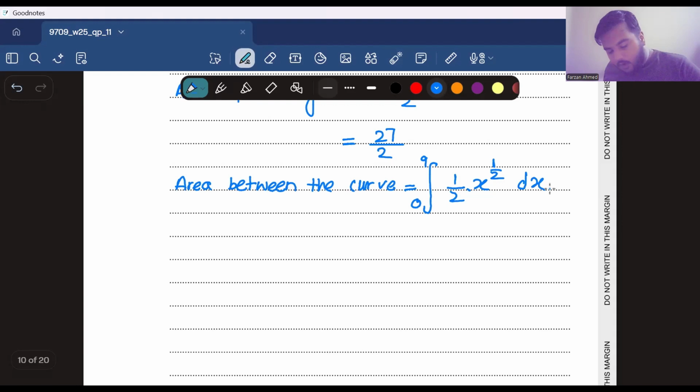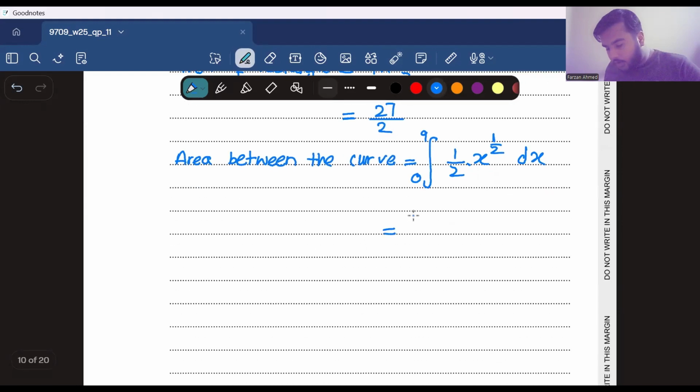Now 1 upon 2 and x to the power 3 upon 2 divided by 3 upon 2, and we will apply the limits, which are 9 and 0.